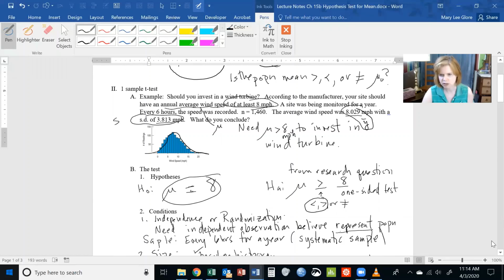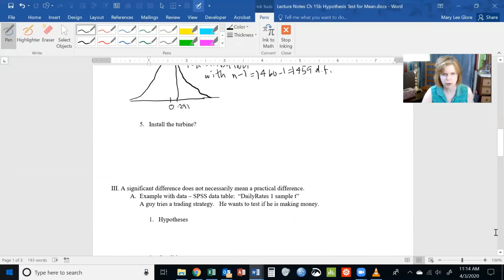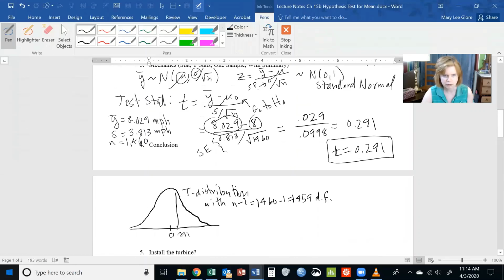What's the probability of being at least 8.029 if the null hypothesis were true? We're looking for the probability of being bigger than this test statistic t. This guy right here is my p-value. We don't have a full table, we have a t-table, but it only has 5 values per degrees of freedom.